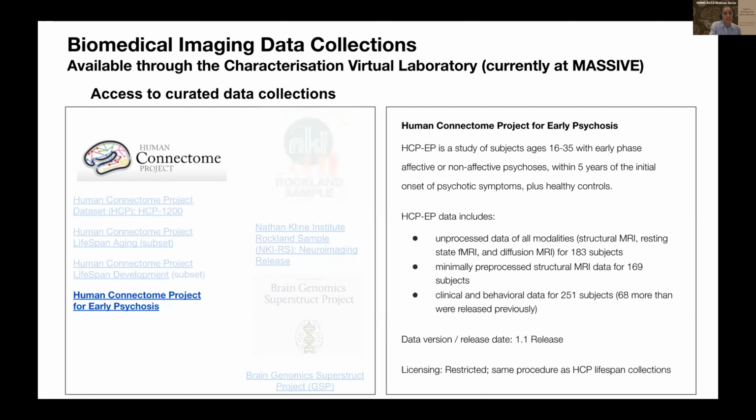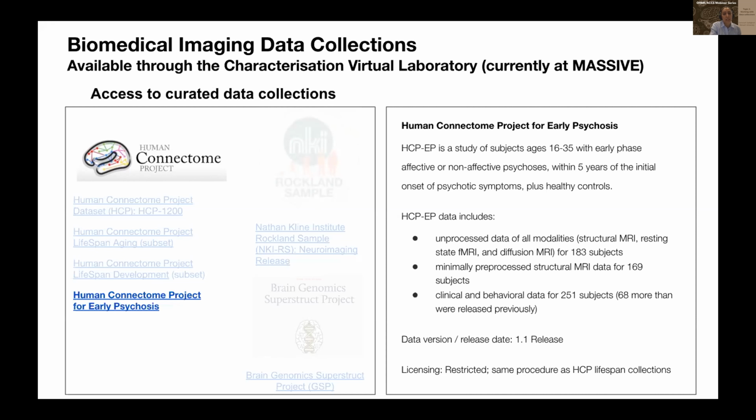Another data collection is the Human Connectome Project for early psychosis. It has unprocessed data of all modalities, structural MRI, resting state fMRI, and diffusion MRI of 183 subjects. Those subjects are aged 16 to 35 with early phase affective or non-affective psychosis, with an early onset of psychotic symptoms.